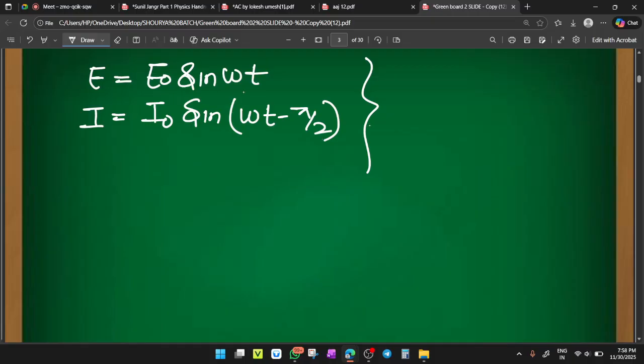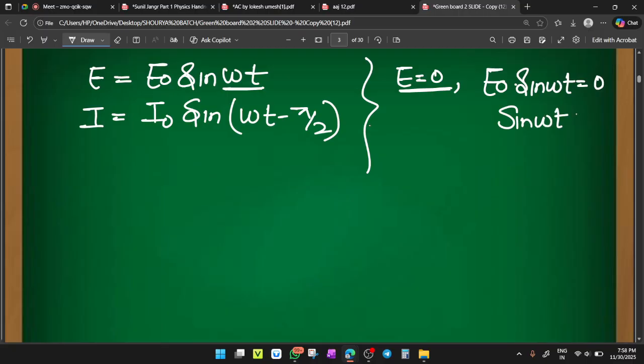So voltage will become 0, E equals 0, at the time E naught sine omega t equals 0. When E equals 0 at the start point, E naught sine omega t equals 0, means sine omega t equals 0. And sine theta equals 0 when omega t equals 0.